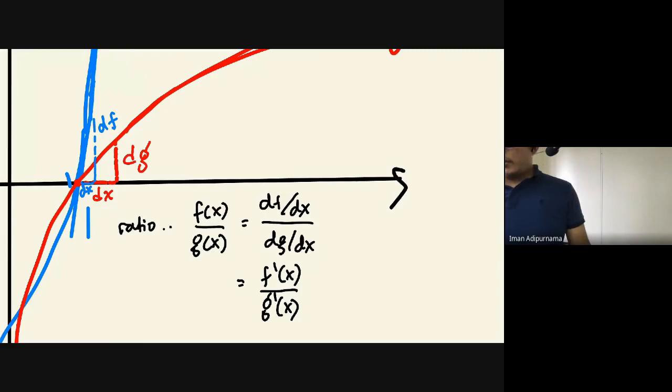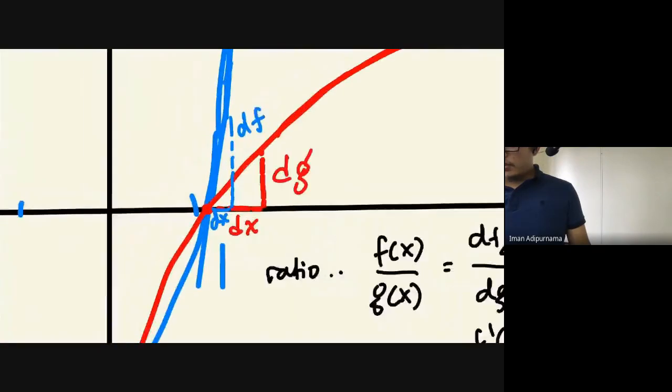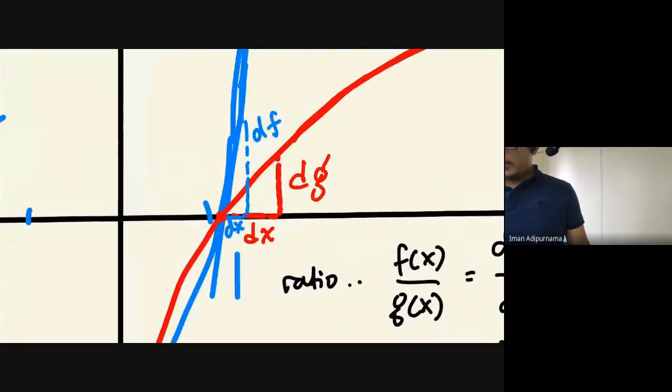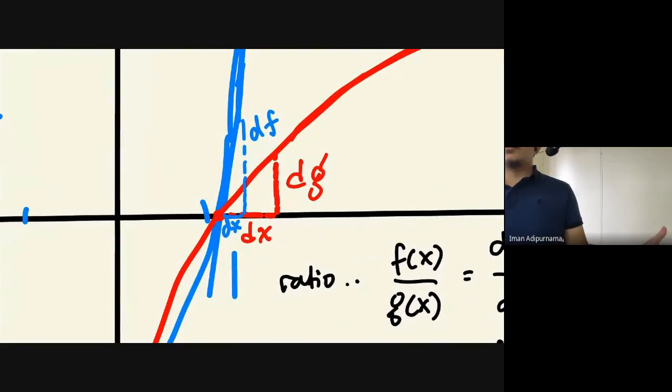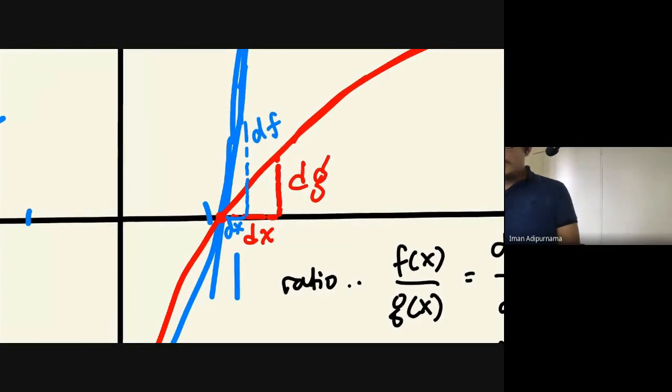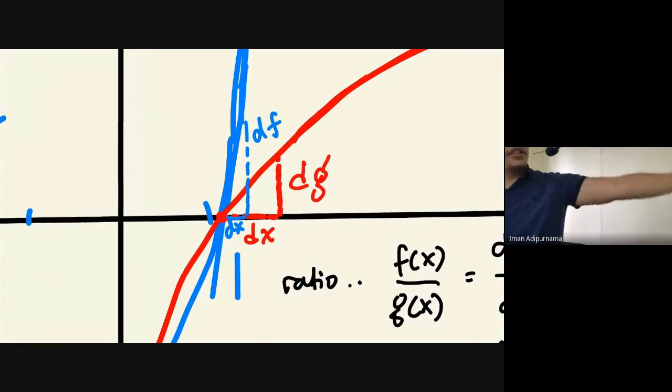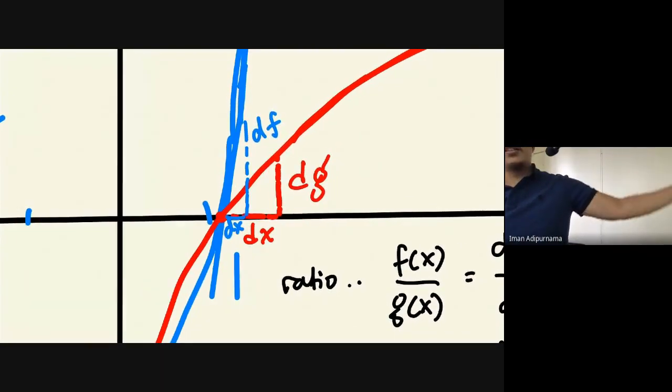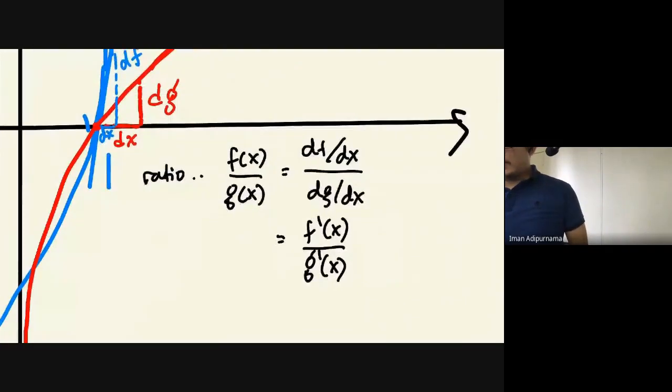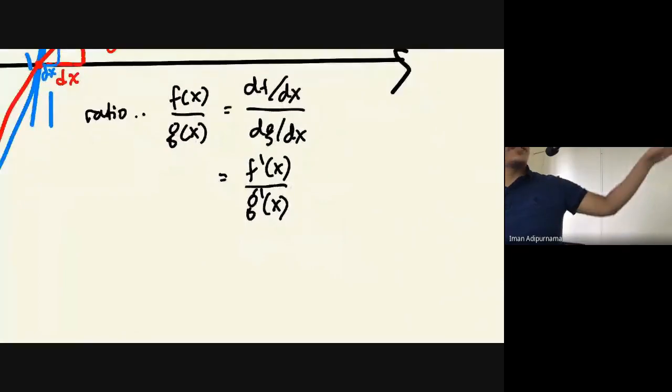When you zoom into this part, I see a straight line. So I use the definition of derivative, which is the gradient, which is the tangent. The tangent of this triangle is perfectly dg over dx and df over dx, right? So every time it's moving, the ratio will be the same, so it's the same as the first derivative of f and the first derivative of g.